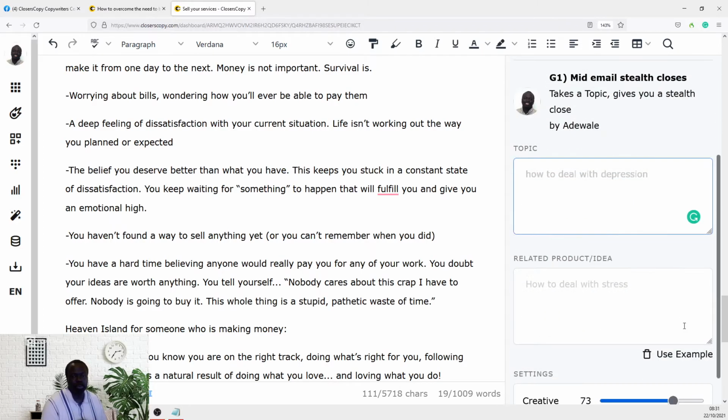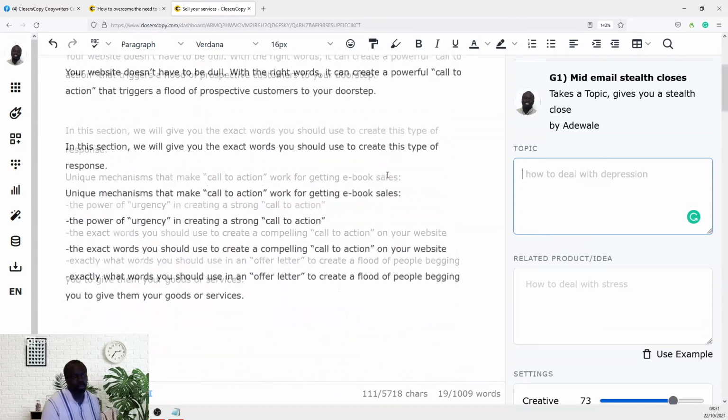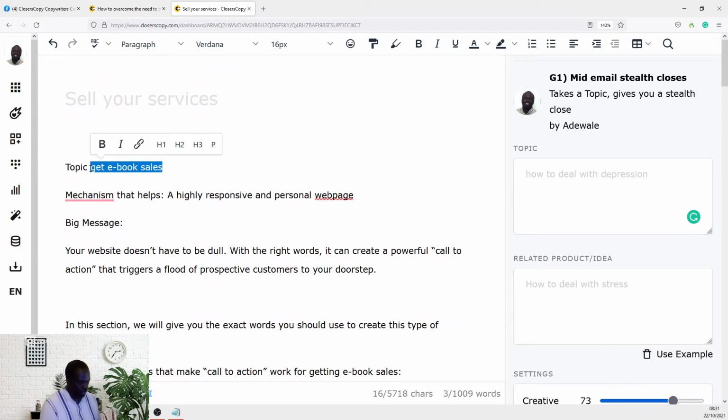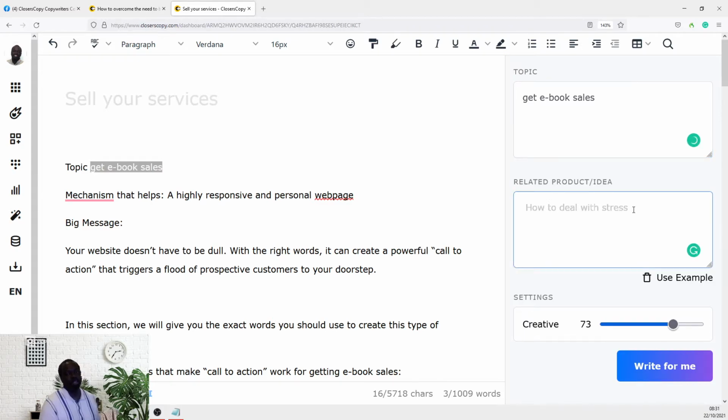So I've got one where you can just look for an area in your email to put a stealth close in. So for example, let's say the topic of the email is how to deal with the depression of failure.